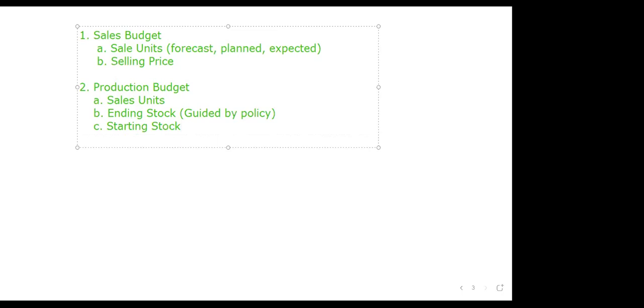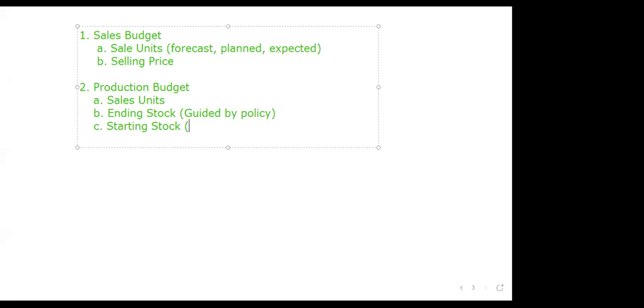If you listen to my conversation earlier, I said that you leave something today for tomorrow, right? So invariably, the leftover becomes the starting stock for tomorrow. So the ending stock of today becomes the starting stock of the next day or tomorrow.